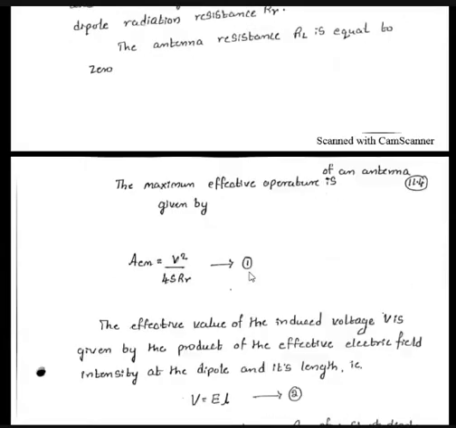V is the voltage induced in this short dipole, S is the power density, and R_r is the radiation resistance. We need to find the expressions for V, S and R, and substitute them in equation number 1. Then we get the maximum effective aperture of a short dipole of length L.